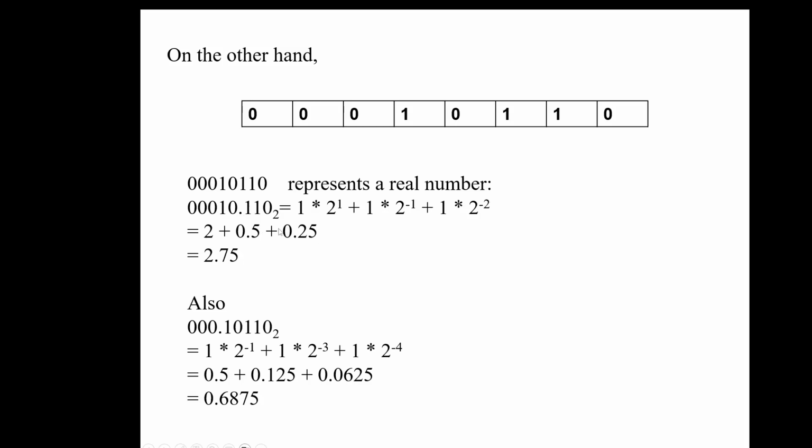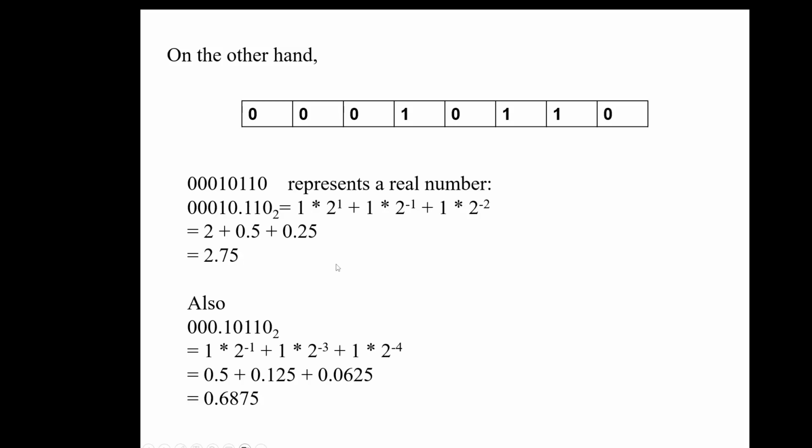On the other hand, the 110 has the following place values. The first one has a place value of 1 half, 0.5. The second one has a place value of 1/4, which is 0.25. The last digit, which is 0, supposedly will have a place value of 1/8. So this actually will represent a decimal equivalent of 2.75.